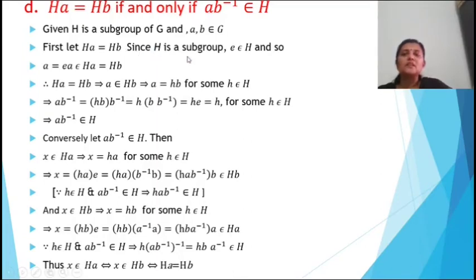Since H is a subgroup, E is an element of H, and so A equals EA, which is an element of HA equals HB.